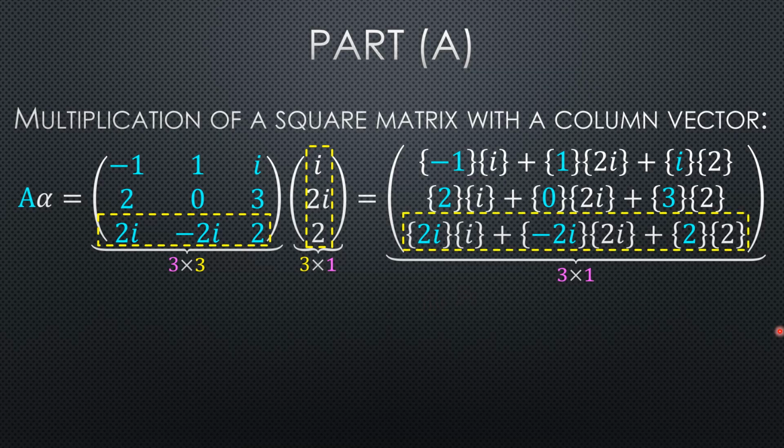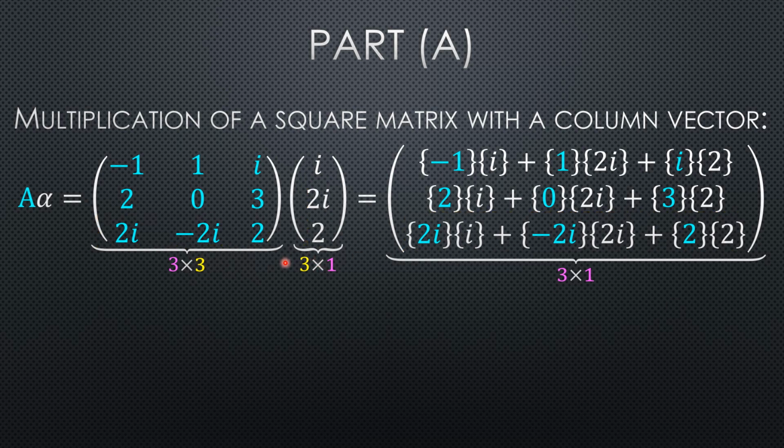Now, remember last time when I mentioned inner dimensions must match? Well, the inner dimensions here are 3 and 3. And we also said last time that the outer dimensions, 3 and 1, would be the result. And that's what we see here. So also recall that the first matrix, in this case A, guides the rows as seen in the outer dimension.